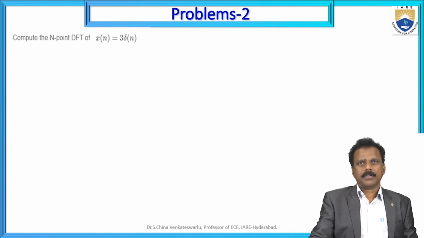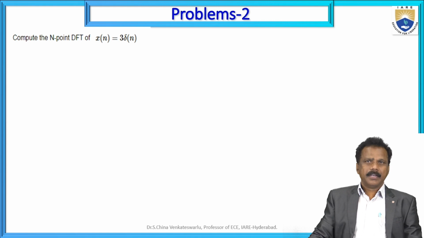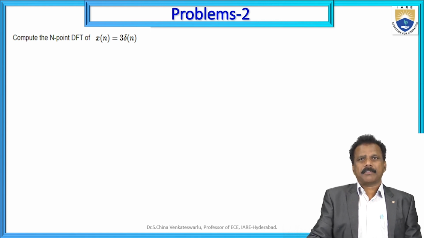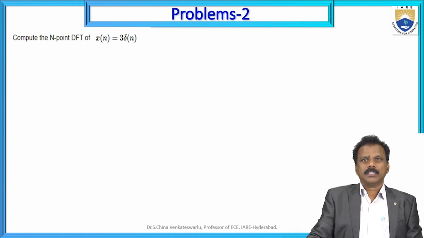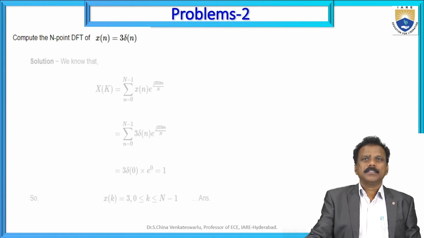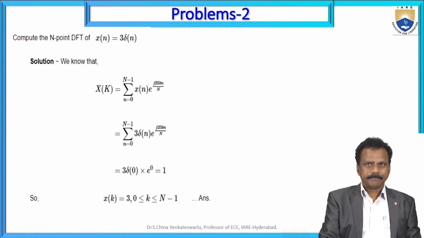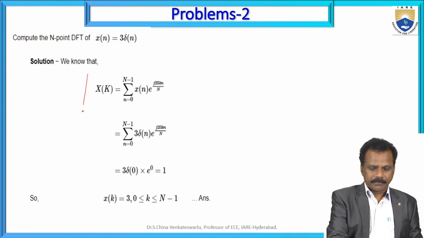Next example, compute the N-point DFT. These are the applications while you are using the discrete Fourier transform. Here in this second example, compute the N-point DFT of x of n equal to 3 into delta of n. We know that x of k is the exact DFT.